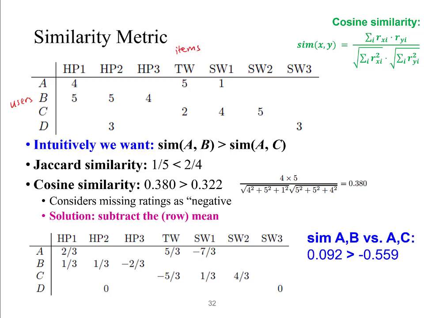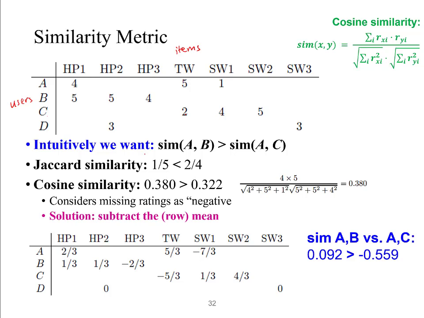In this example, intuitively we want the similarity of A and B to be larger than the similarity of A and C. For A and B, the only shared item is HP1, but the ratings are quite similar. For A and C, they actually share 2 items, but the scores are quite different.